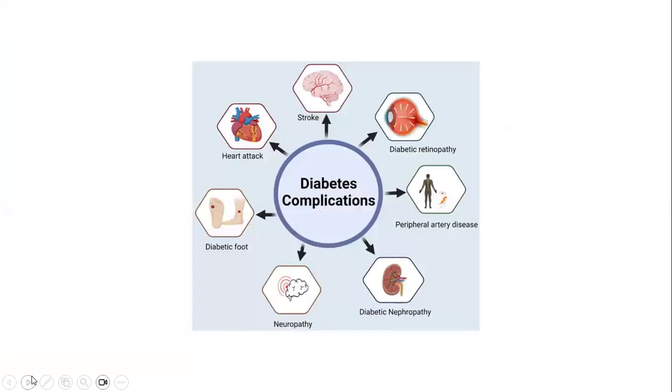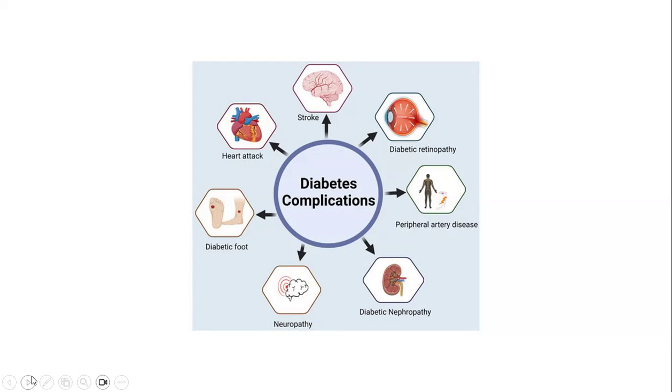So this is just a nice visual of some of the diabetic complications that we see within this documentation. You may see diabetic complications from heart attack, stroke, diabetic retinopathy. You see a lot, if you're in cardiology or if you're in vascular coding, the relationship between diabetes and peripheral artery disease, nephropathy, neuropathy, and especially diabetic foot conditions.